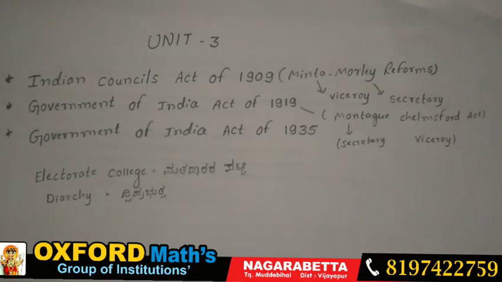For the first time the federal system of administration was brought into India. The provincial level was going to be looked after by a responsible government, and the central government was under the control of the British Dominion. So this kind of two-power administration was implemented during the 1935 Government of India Act.